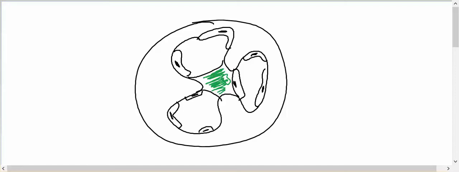Now here we have the podocyte. Right. Now what happens in diabetes?